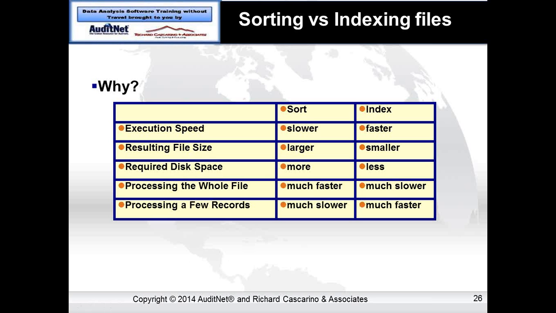Or it could be the difference between 10 minutes and 20 minutes. Or it could be the difference between 10 seconds and 20 minutes. Depends on the size of the file. So sorting generally is slower because you're having to hit every single record and write out perhaps big records.